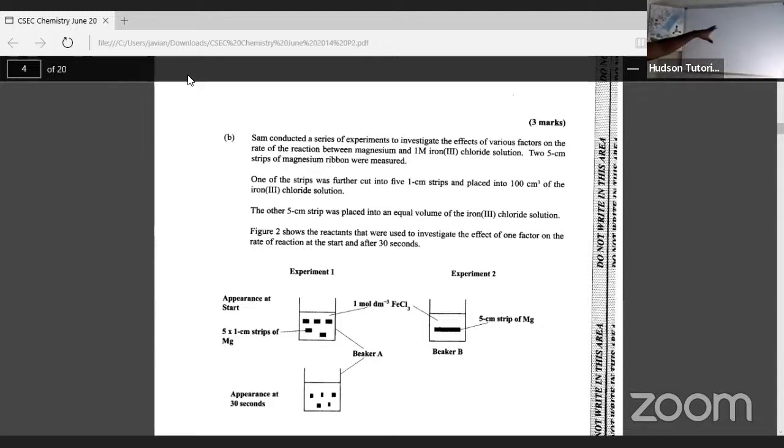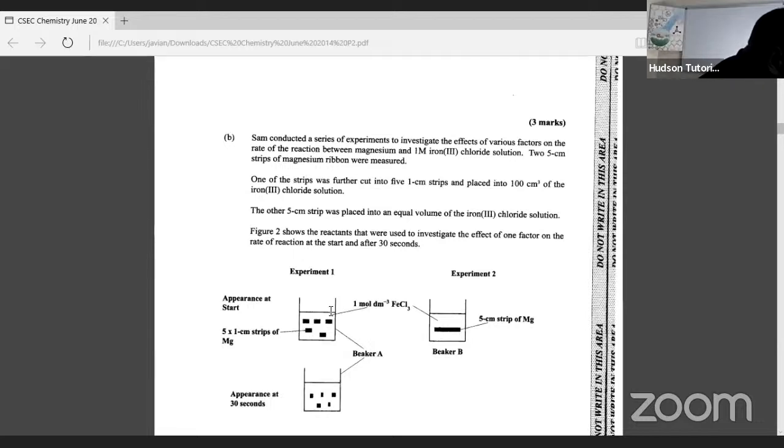All right, so let's look at the experiment. We're looking at 2 experiments, experiment 1 and experiment 2. So let's look at what's taking place in experiment 1. As you can see here in experiment 1, we have the 5 cm strip in the 1 molar FeCl3, as opposed to just one long 5 cm strip.